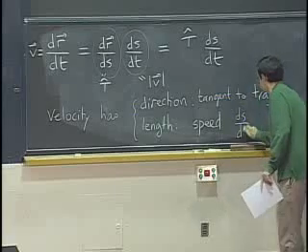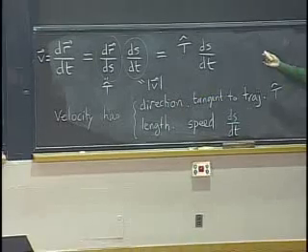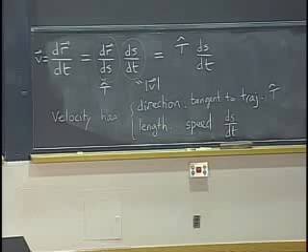So the speed is ds dt, and the tangent vector is t hat. And that's how we get this.